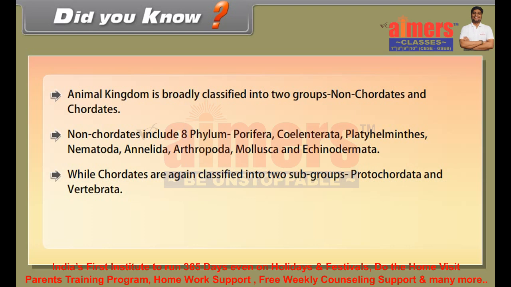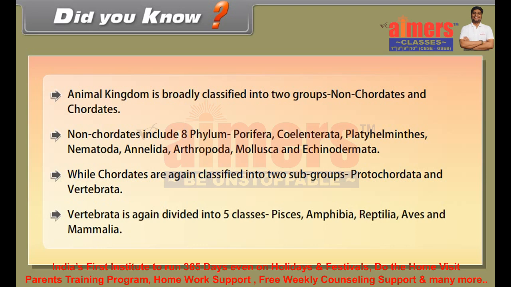While chordates are again classified into two subgroups, Protochordata and Vertebrata. Vertebrata is again divided into 5 classes, Pisces, Amphibia, Reptilia, Aves, and Mammalia.